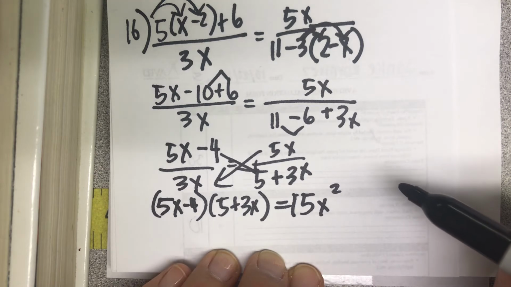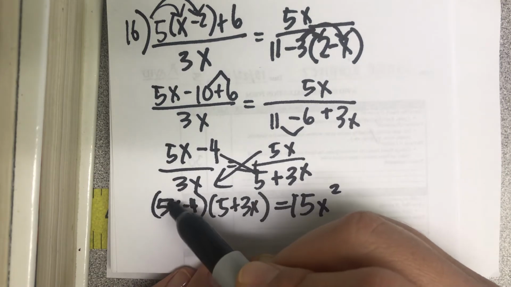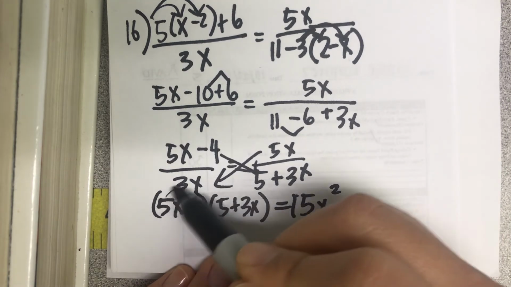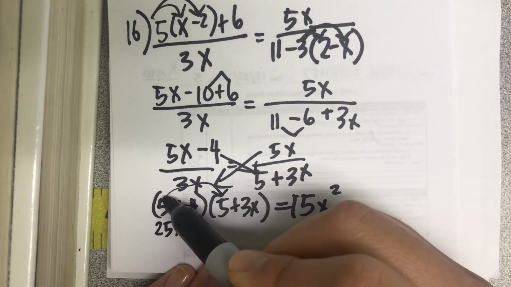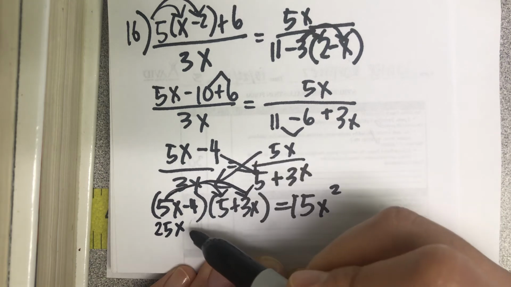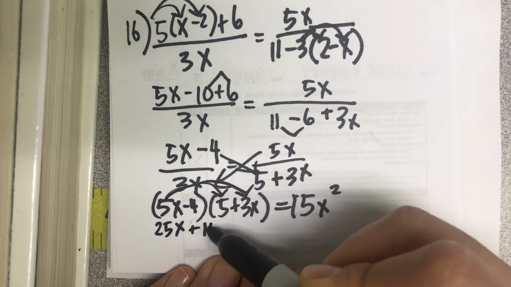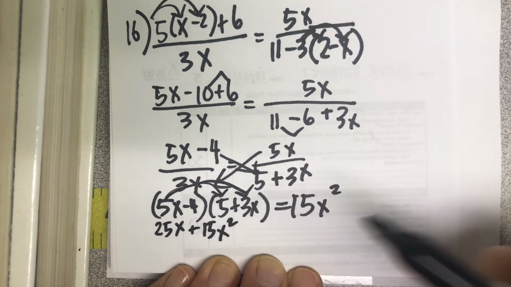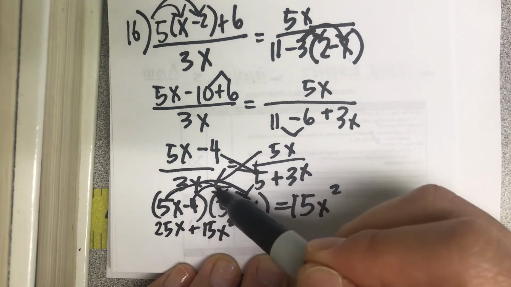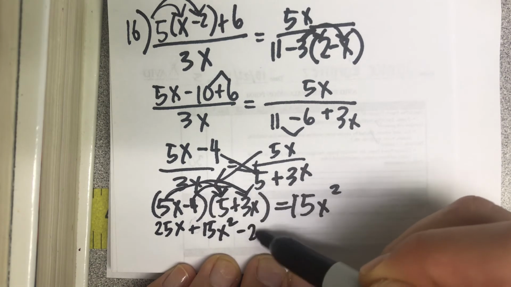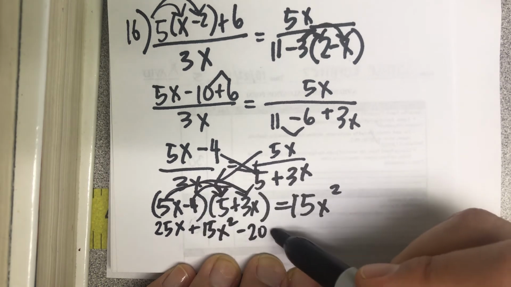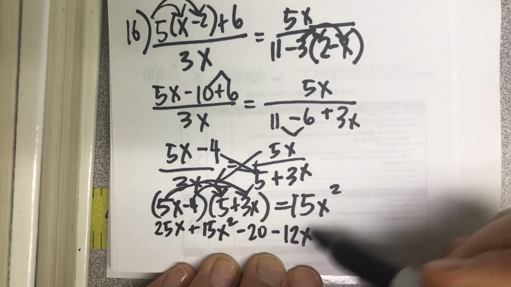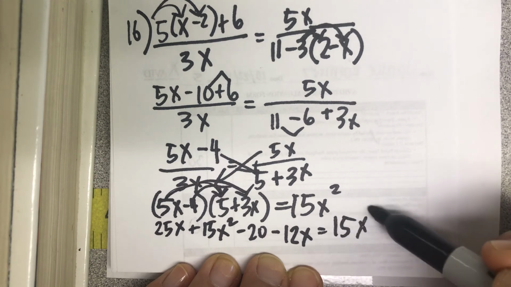Okay, so we have to distribute all of this. So 5x times 5 is 25x. 5x times that is plus 15x squared. And then this times this is negative 20. And then negative times a positive is a negative 12x equals 15x squared.